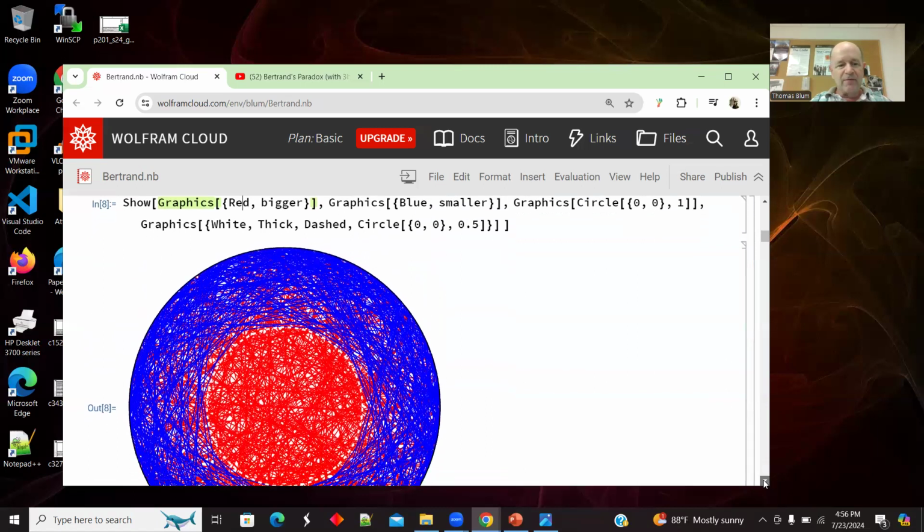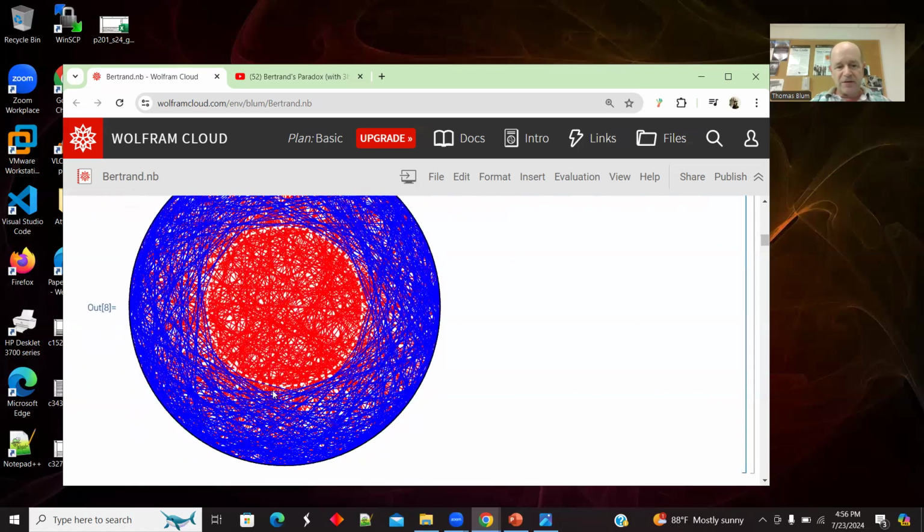So another way of thinking about this is to say that if my midpoint is in this circle, then it will be larger and otherwise not.